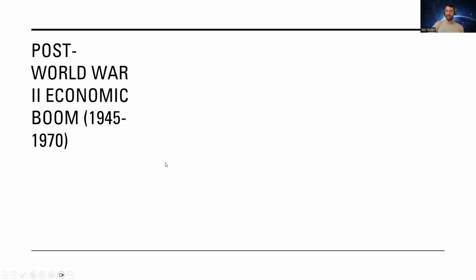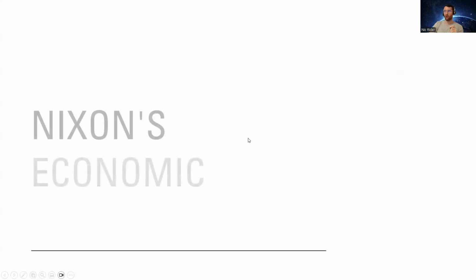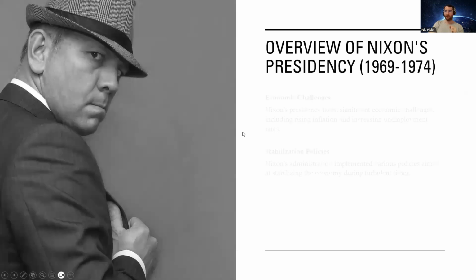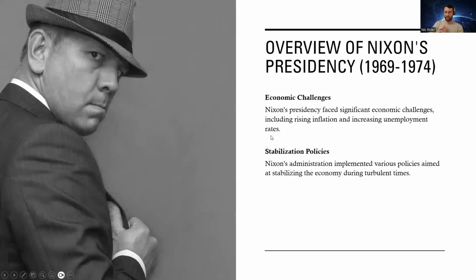Pre 1971, you could use the US dollar to buy gold, and this currency had value because it was aligned to gold. But the decision known as the Nixon shock was aimed at addressing inflation, trade deficits, and overvaluation of the dollar.